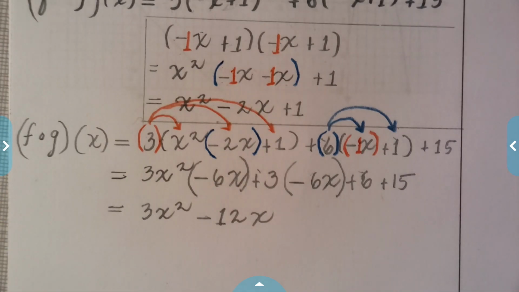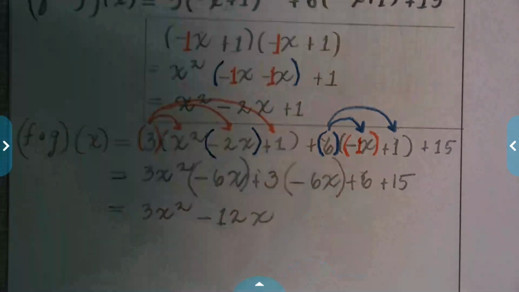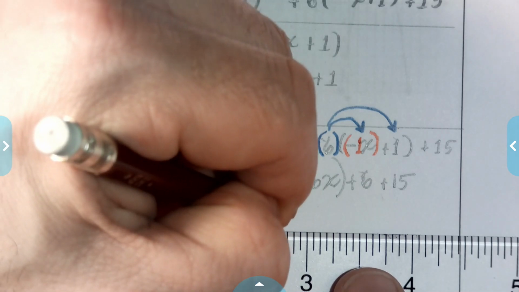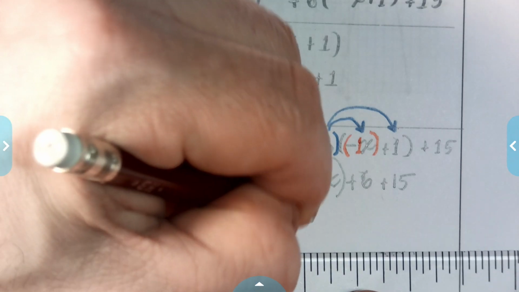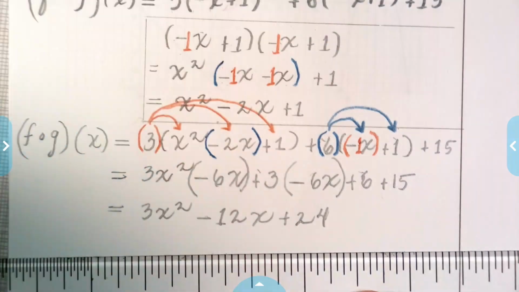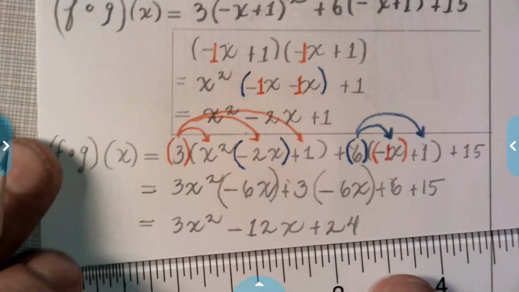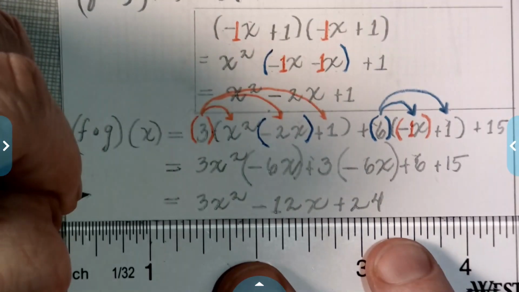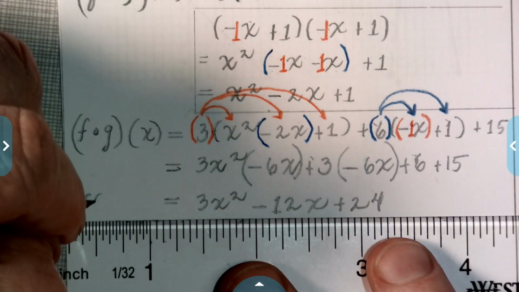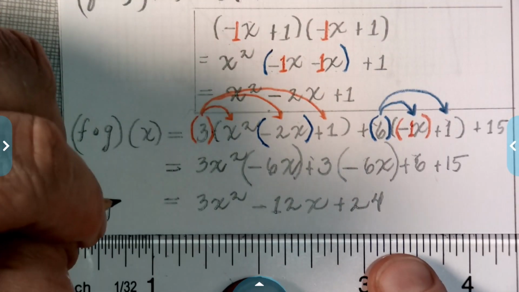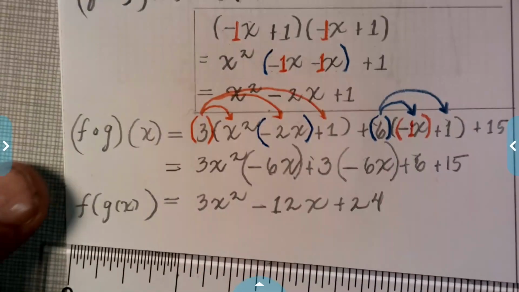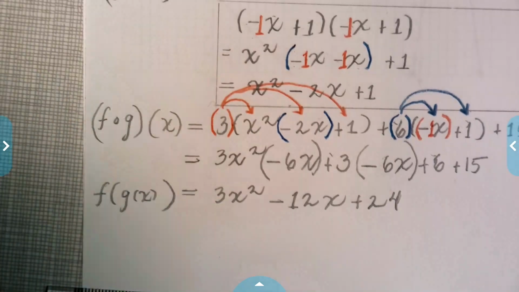So that's 9 plus 15, or 24. Plus 24. And there's that thing you would never get. There's your composed function, f of g of x. Same thing as this.